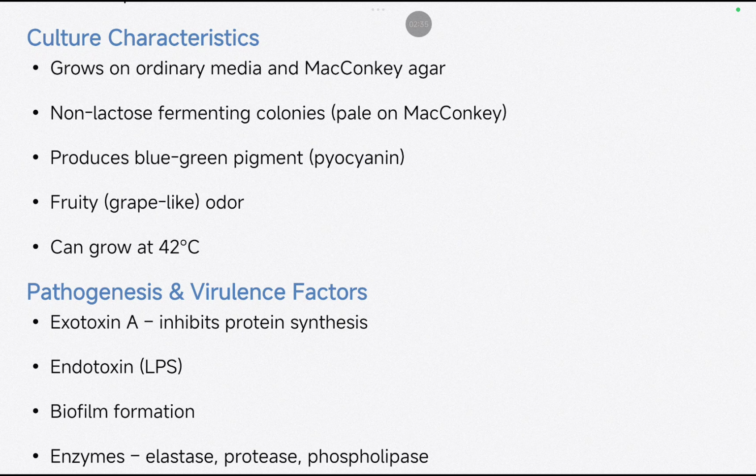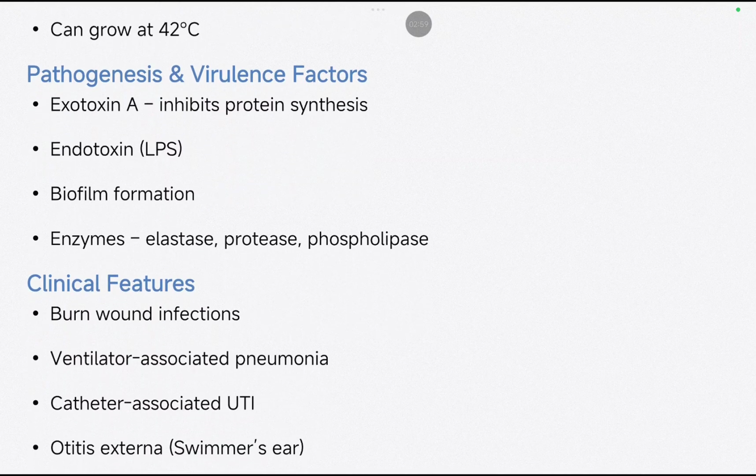Blue-green. Blue-green is a clear signal that Pseudomonas aeruginosa is present, due to the pigment called pyocyanin. And it would give a fruity, grape-like odor. Another characteristic is that it can grow at 42 degrees centigrade, whereas most of the others need a lower, room temperature.